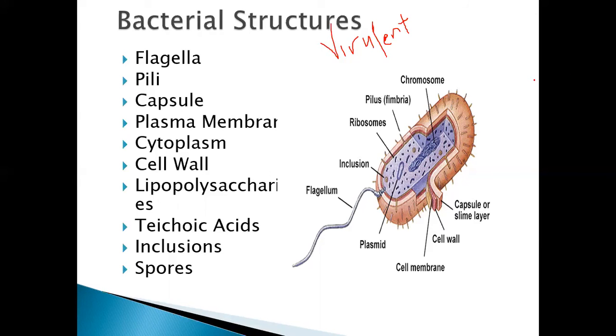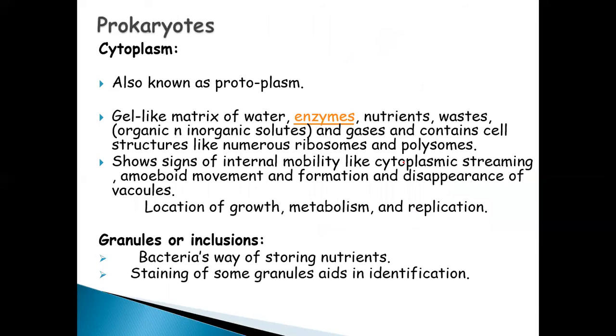So the cytoplasm here is this bluish, the entire bluish component of the cell. And as you can see, within the bluish component, there are structures diffused within the cytoplasm. The cytoplasm is also known as protoplasm.